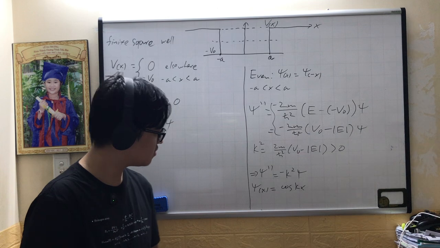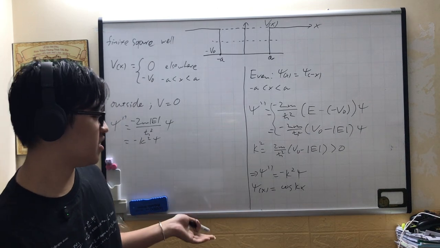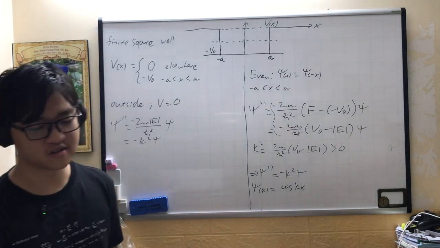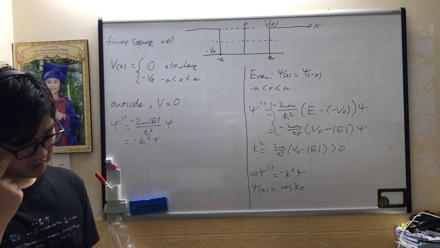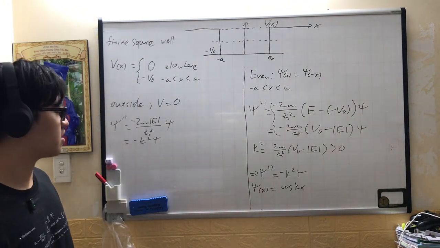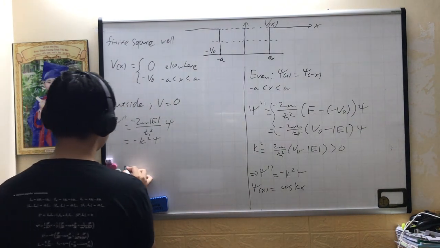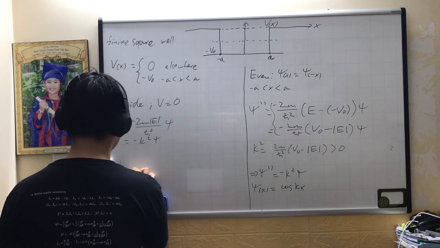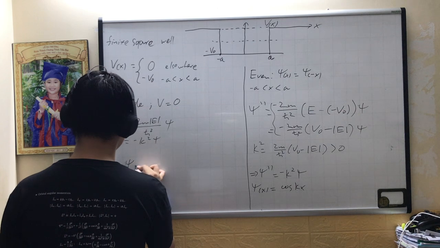Outside means exponential because it has to decay to satisfy the conditions. So you have this. The decay is just a standard decay.